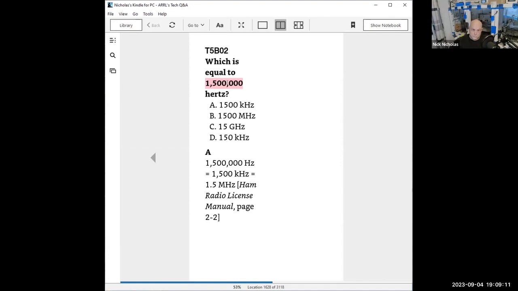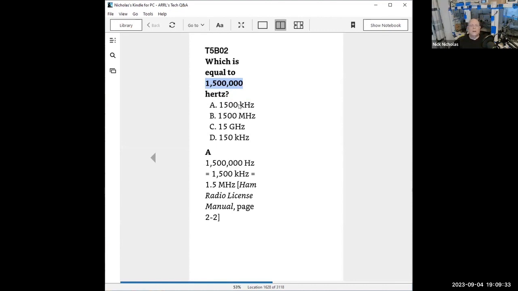So we take these last 3 digits off. We've got 1,500 kilohertz. It would also be 1.5 megahertz.